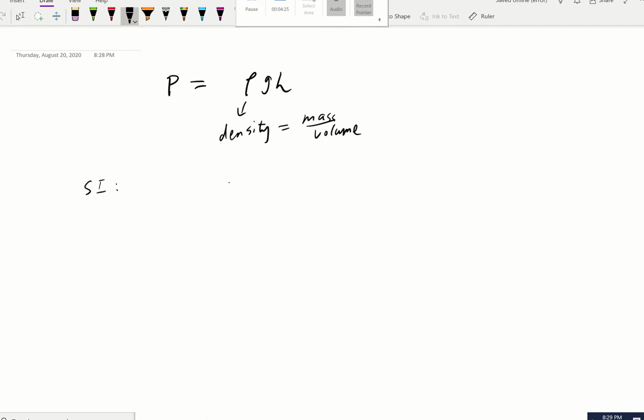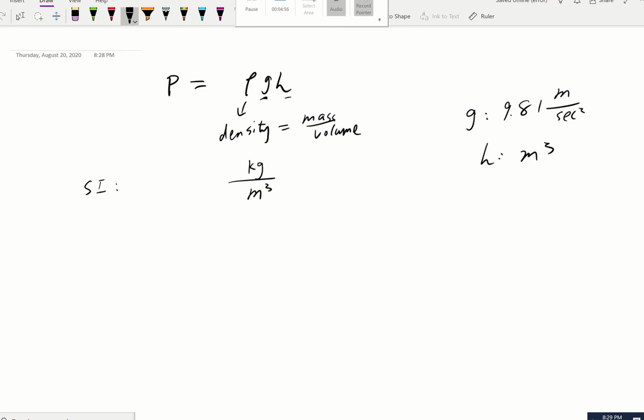Mass is in kilograms and volume is in cubic meters. So kilogram per cubic meter, that's your density, right? Then G is the gravitational coefficient, 9.81 meters per second squared. And H is the distance, so that takes the unit of meter.